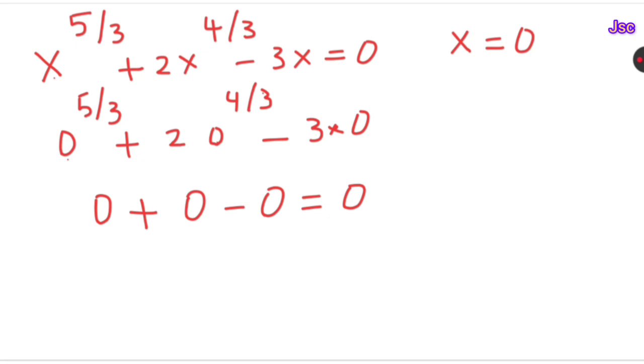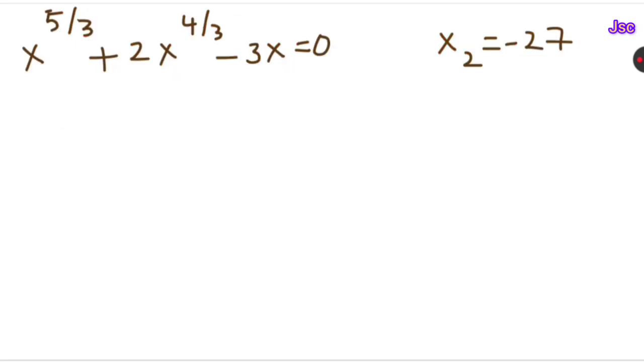Means our first solution satisfied our given expression. Let's take the second solution which we have, minus 27. Here in the exponent we have 5 over 3. So that's why this 27 also, if you write in terms of 3 raised to the power of 3, that is easy to solve. So let's take the solution in terms of exponential form.